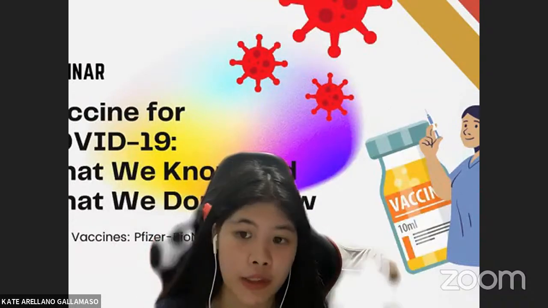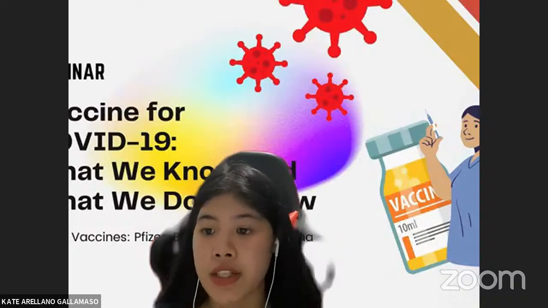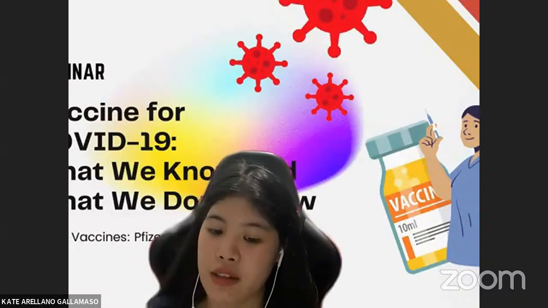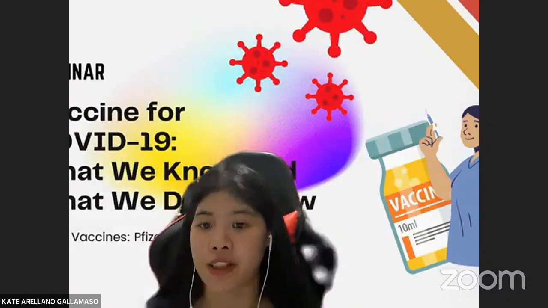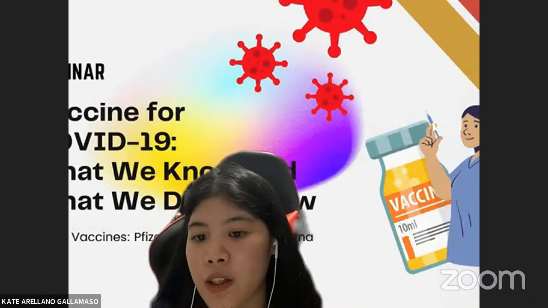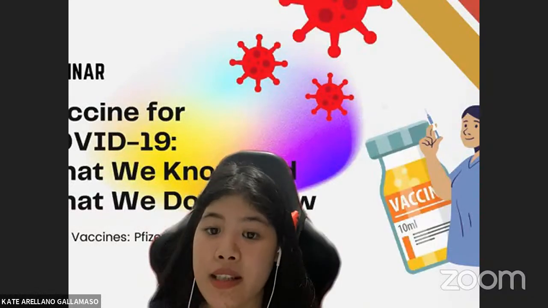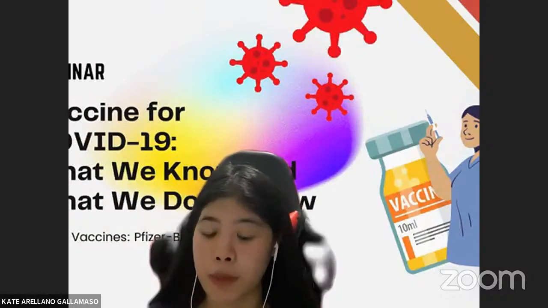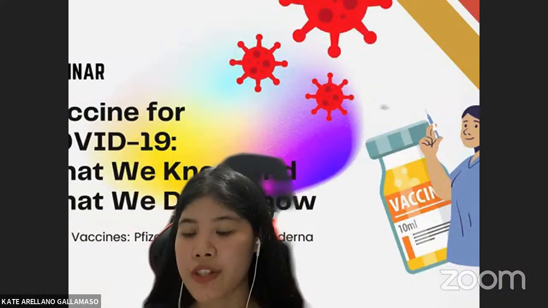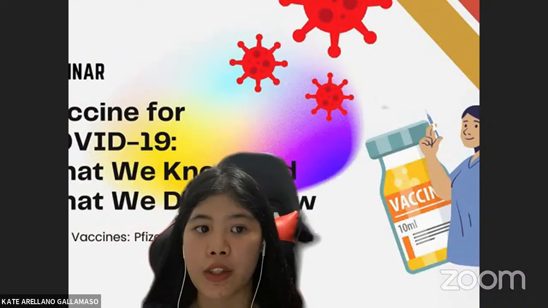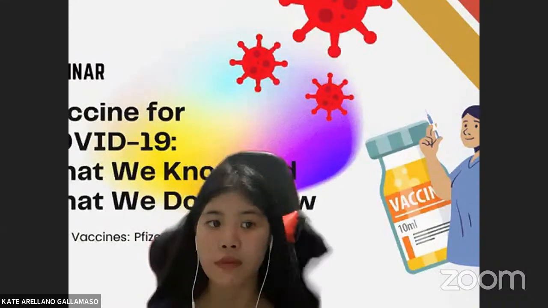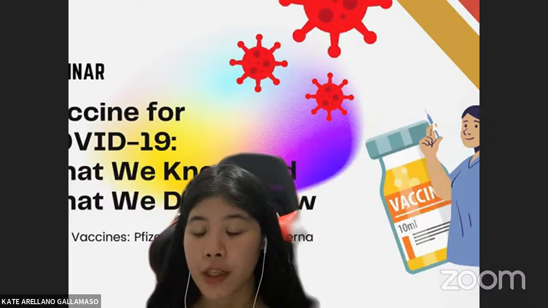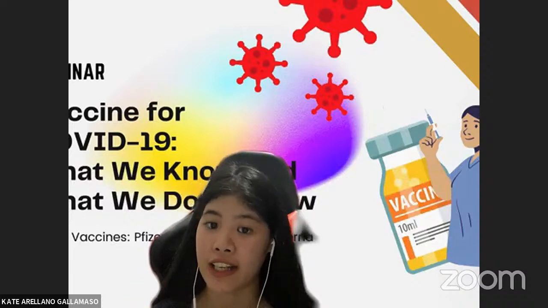I mean, it's normal to have side effects, but such serious side effects are not that normal according to our research. And also, the vaccines are really tested before they are given out to the public, right? So having adverse effects is not normal, and it should be sent directly to the healthcare professionals, because there might be more underlying issues.